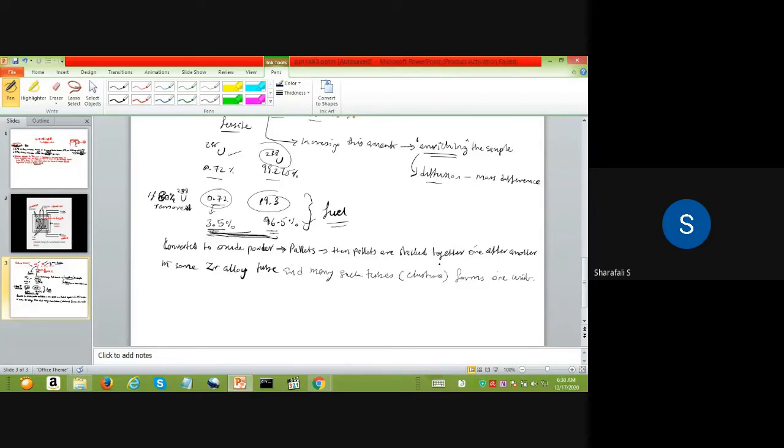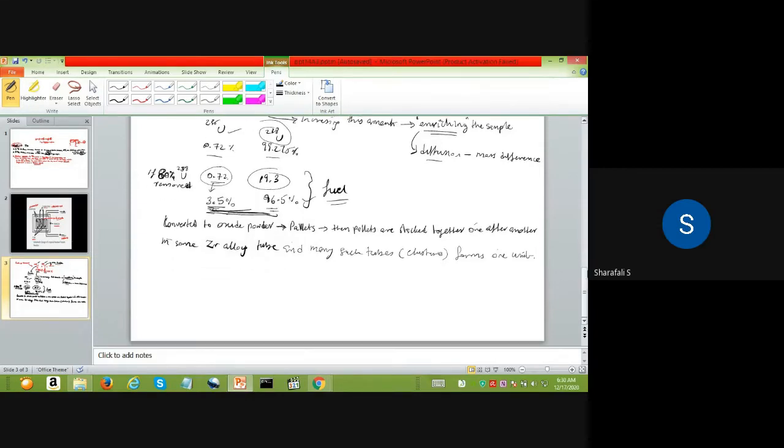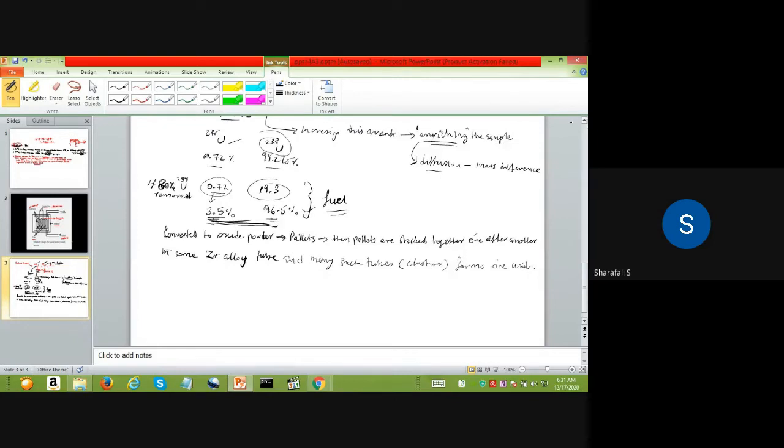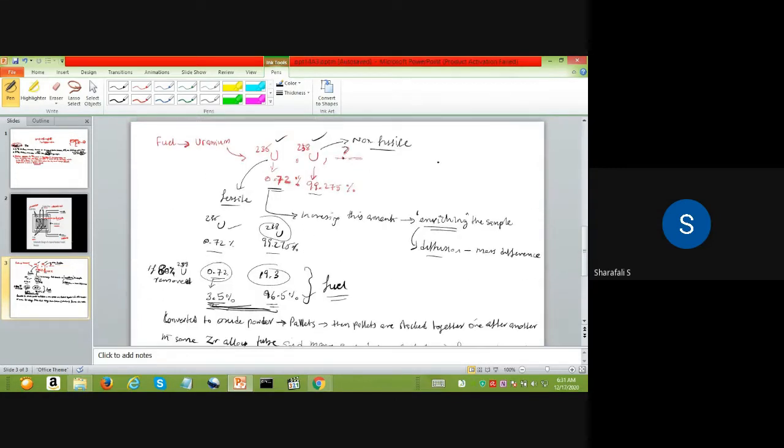So what I mean by this, you may not be familiar with these pellets. If you have any kind of powder, say titanium dioxide powder or any chemical powder, you press it between some metal pieces, and then you get some shape for that powder with a solid-like structure.